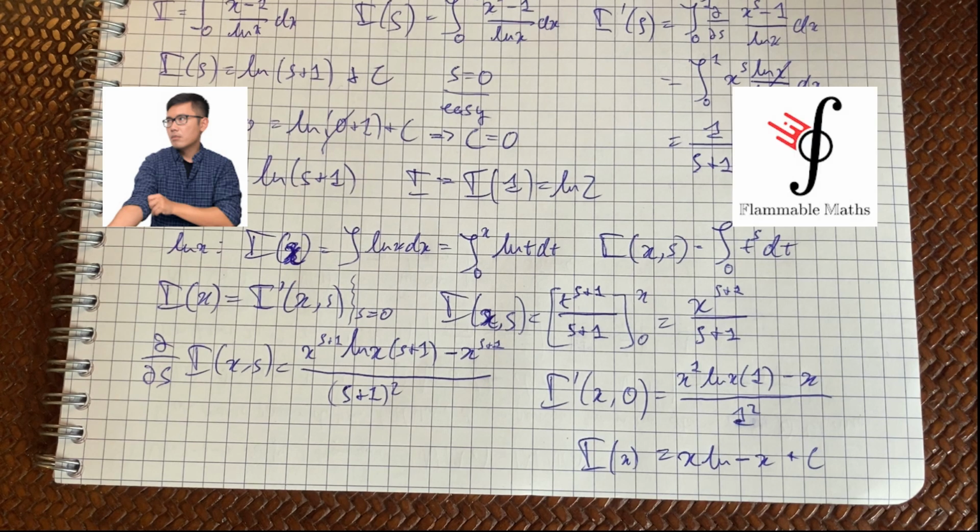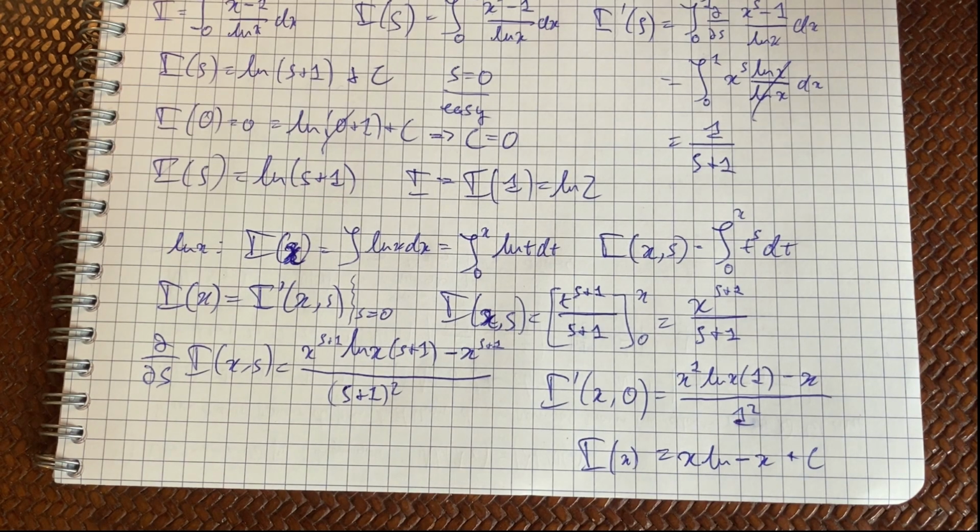On Flammable Math channel, you'll find more definite integrals and generally a bit more difficult integrals, like Ahmed integral and Coxeter integral. I hope you've learned something, and well, if you have any comments on the video or the text, please give me some advice on how to improve the videos. That's what the comment section is for.